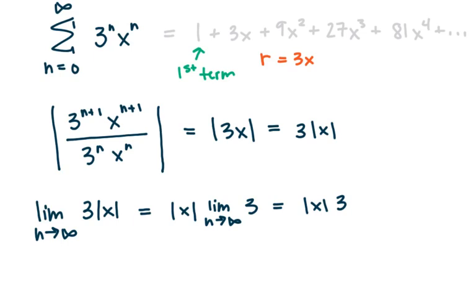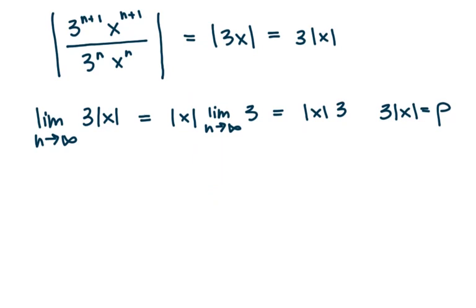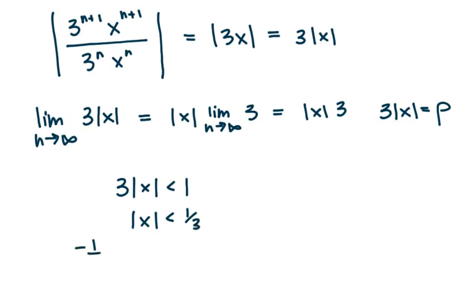Okay, so we end up with 3 times the absolute value of x equal to my rho value. By the ratio test, if we want to find convergence, we need rho to be less than 1. So 3 times the absolute value of x needs to be less than 1. Divide by 3 on both sides. The absolute value of x needs to be less than 1/3. And that gives me negative 1/3 is less than x is less than 1/3.